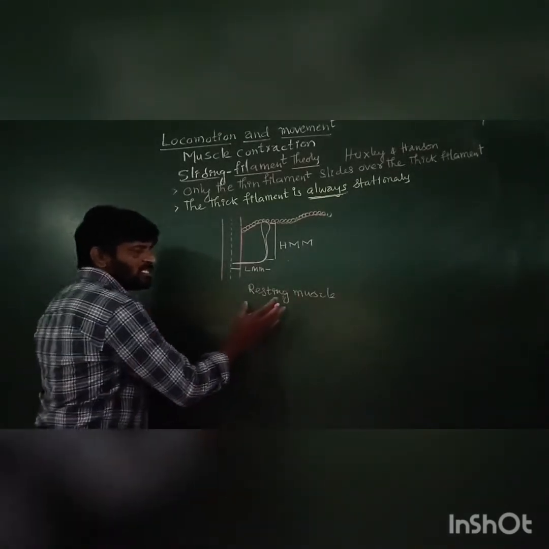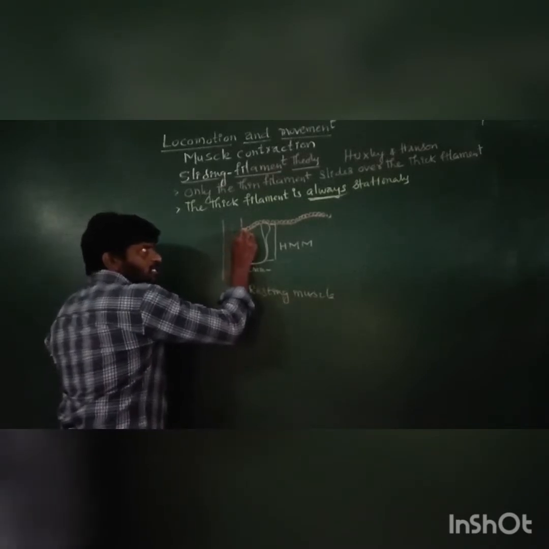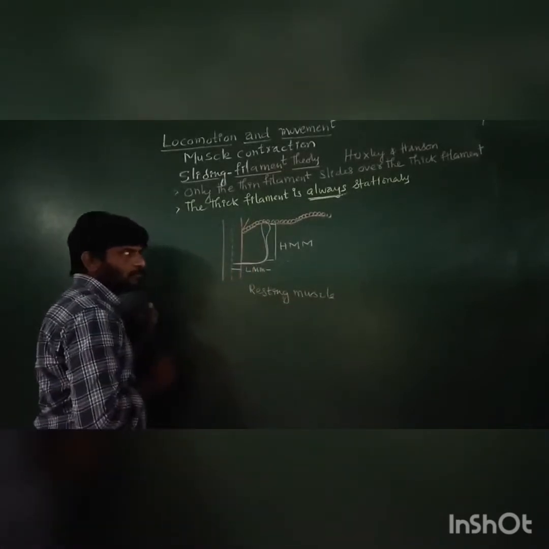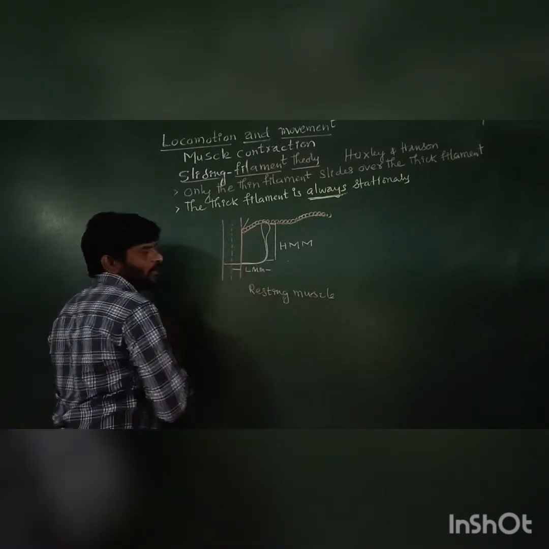When the muscle is in the resting stage, the edges of the thin filament partially overlap the free ends of the thick filament.